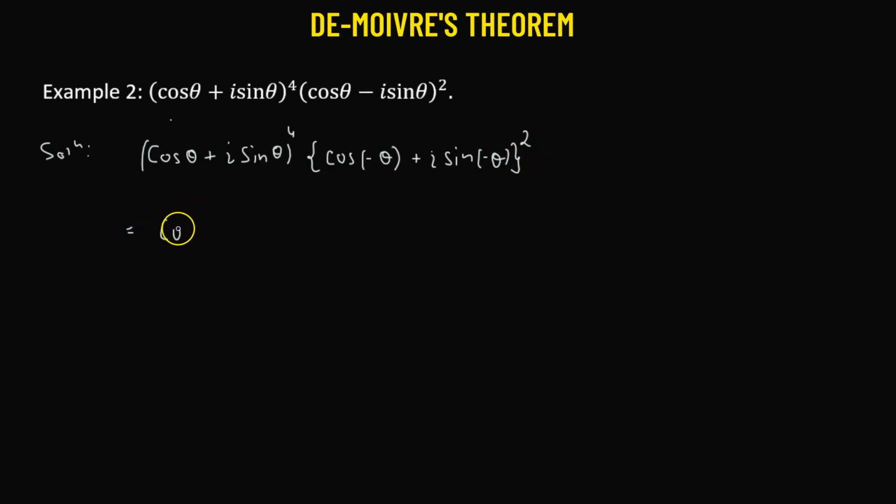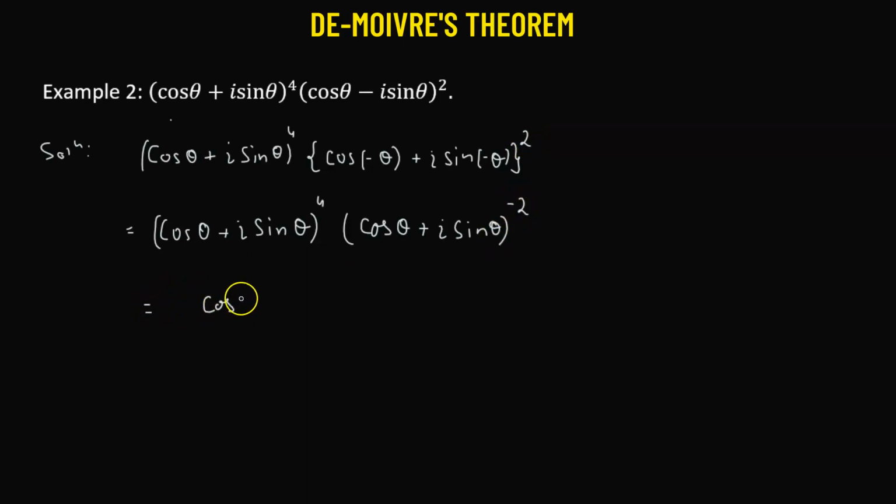So this will become (cos θ + i sin θ) raised to the power of 4, and this expression can now become cos of positive θ + i sin of positive θ. Since it's multiplied with negative 1 here, we can raise the negative 1 and multiply it to 2 to give us negative 2.